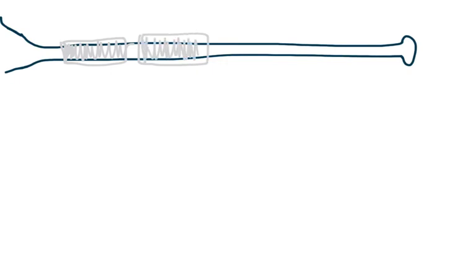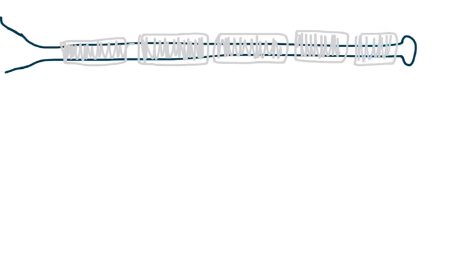Remember, in the peripheral nervous system, these are formed by Schwann cells. In the central nervous system, these are formed by oligodendrocytes. Let me draw a couple more here. So each one of these little gray segments represents the myelin sheath.